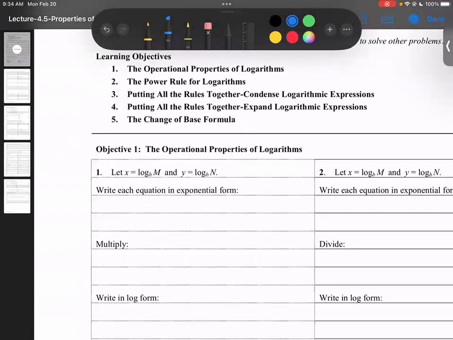Start out like this. The formula is the one that you need to memorize or understand. Write its equation in exponential form. If it bothers you, you can put the log on the left. I like it on the left.